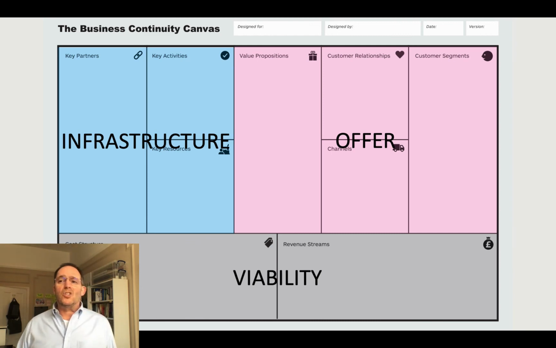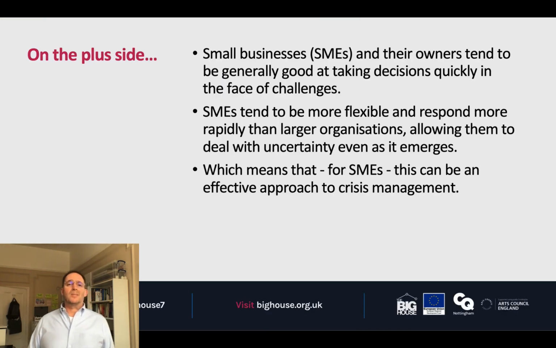One thing just to share is that the research that's been done into this stuff suggests that SMEs, and I'm a small business, micro business owners, tend to be generally good at taking decisions quickly in the face of challenges. So that's on the plus side for us. Why?